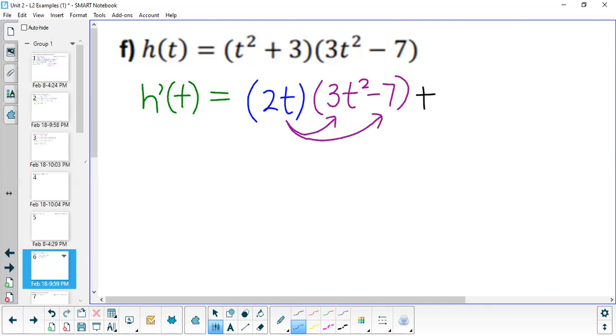So I'm going to take now the derivative of the second function, which should give me positive 6t. And I'm multiplying that by the original first function.